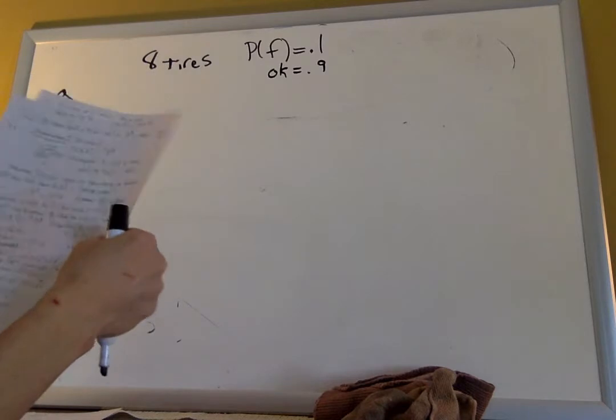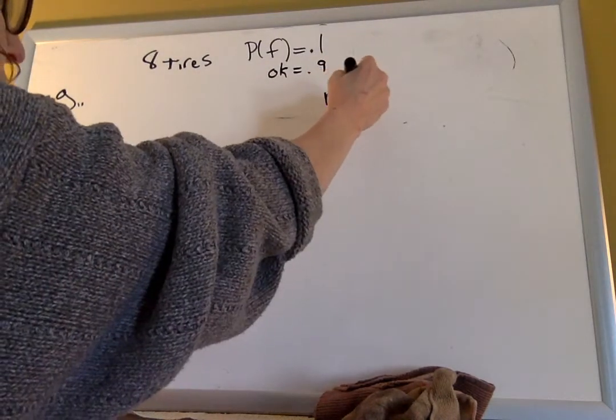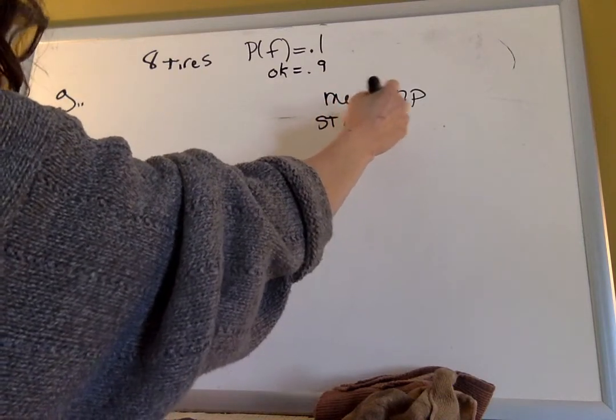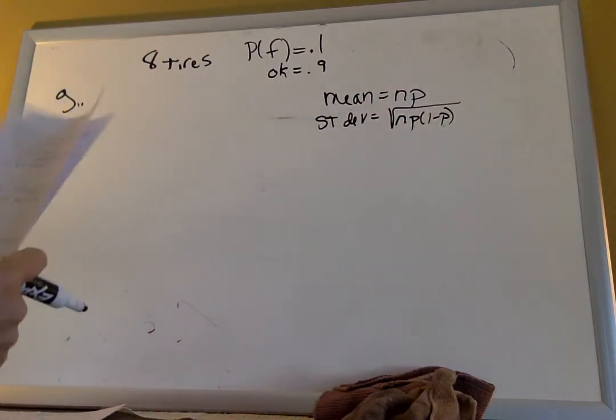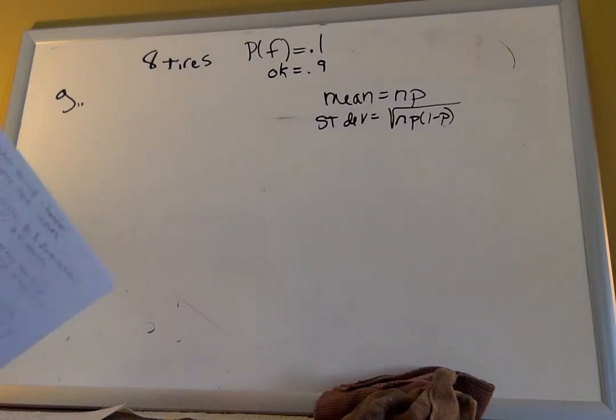Part of the lecture notes, I had given you the mean and the standard deviation of the binomial. So we're going to need that for this part G. All right, so here is the question.